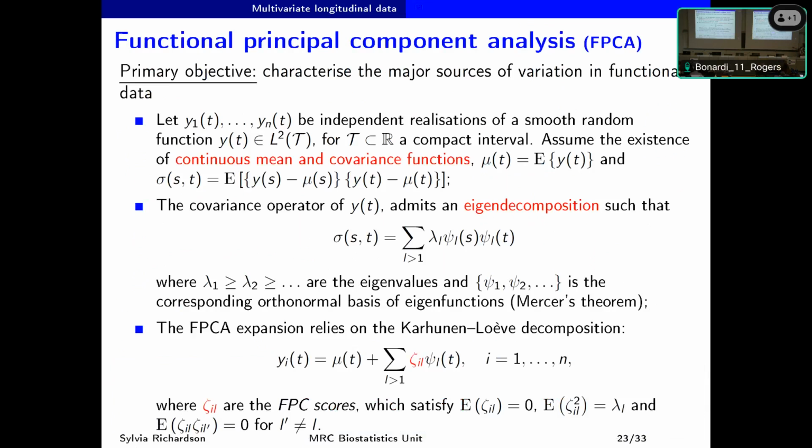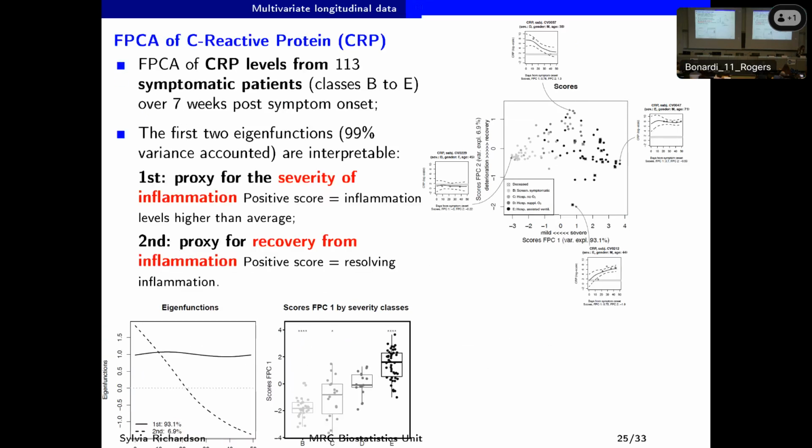But because you want to be very flexible, you model them with a spline basis or something. So you set up a hierarchical Bayesian model where you model these functions very flexibly, and you target this relationship directly. You don't extract it from the covariance. That's the difference between the two approaches.